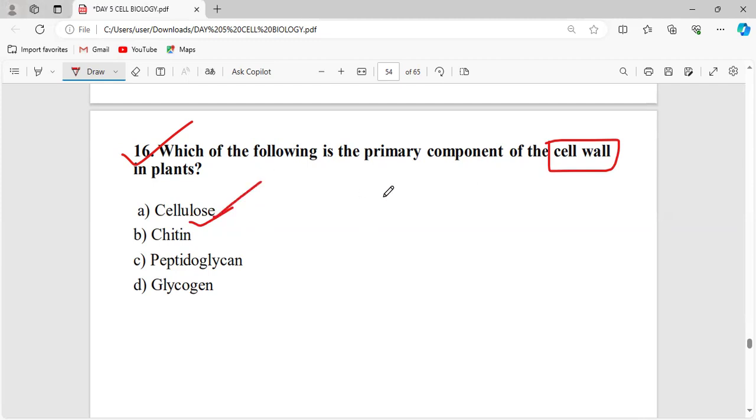And the cellulose is made up of... Have you heard about hemicellulose?